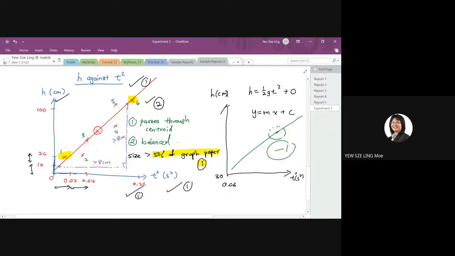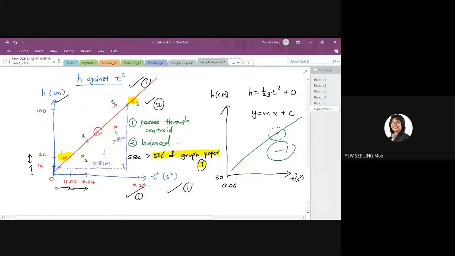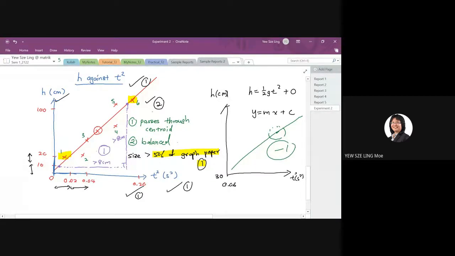If you draw the triangles on the plot, then you don't even need to read it. You can straight away take it from the table, right? So there's one rule that says the triangle shouldn't touch any of the plot, and it shouldn't touch the axis. Okay, so don't touch the axis, don't touch the plot. And if it is greater than x cm by x cm, then you can get another 1 mark.